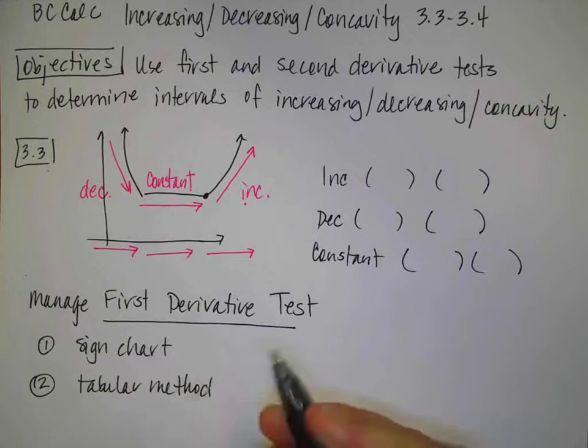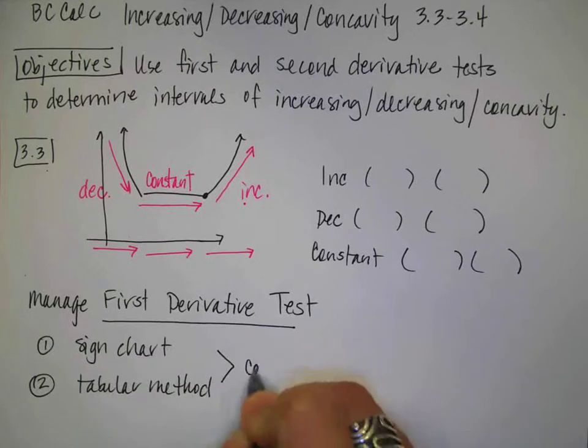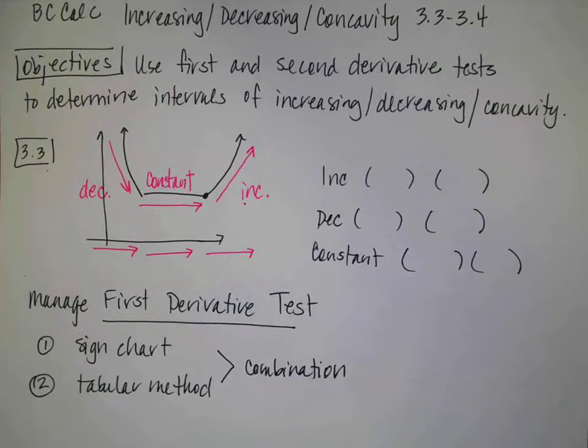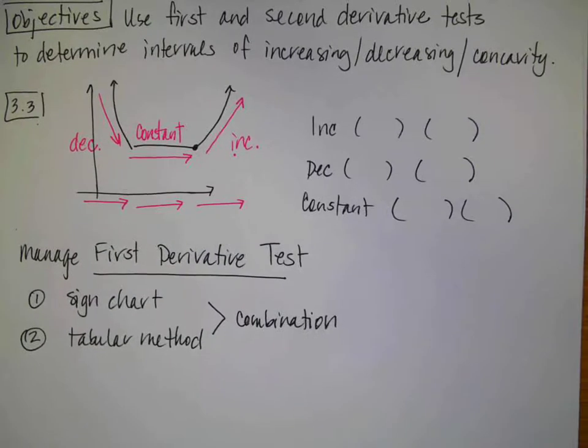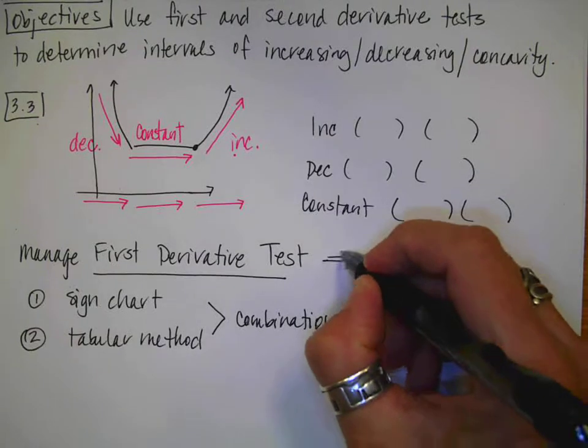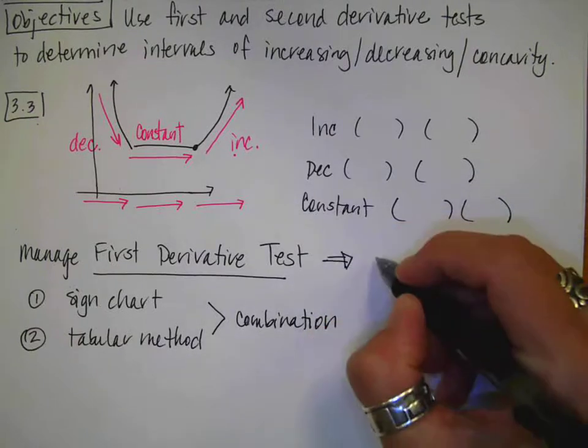And then I actually like to use one that is a combination. I tend more toward the tabular method, but then I also need the sign chart to help us with our graphs, okay?